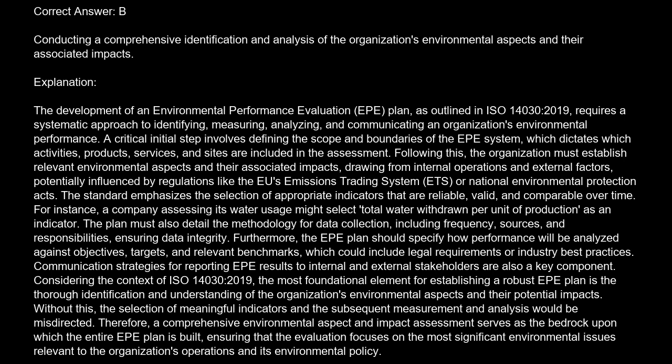Without this, the selection of meaningful indicators and the subsequent measurement and analysis would be misdirected. Therefore, a comprehensive environmental aspect and impact assessment serves as the bedrock upon which the entire EPE plan is built, ensuring that the evaluation focuses on the most significant environmental issues relevant to the organization's operations and its environmental policy.